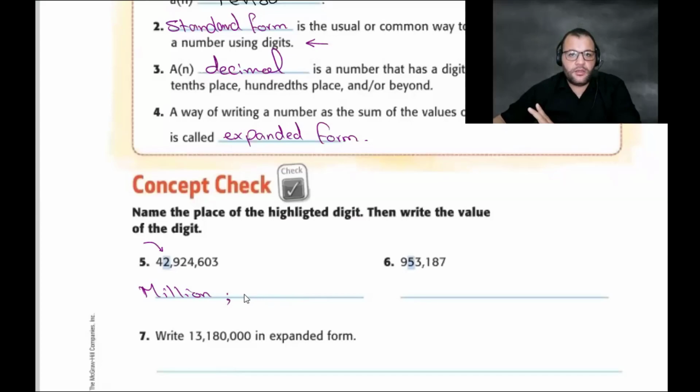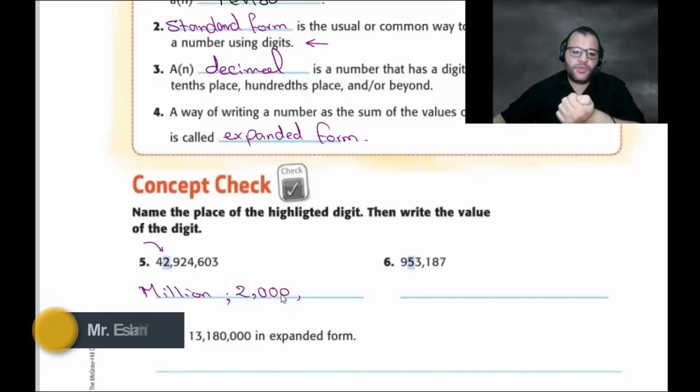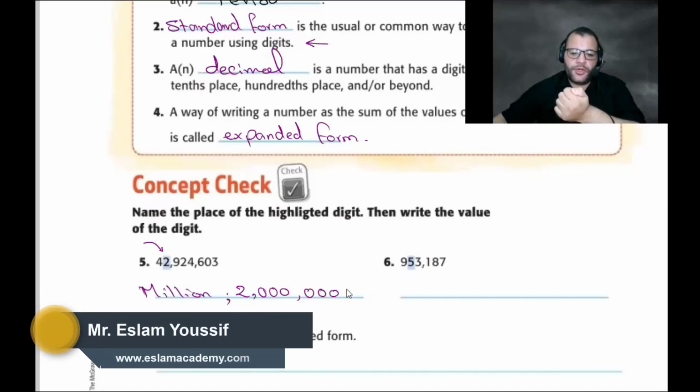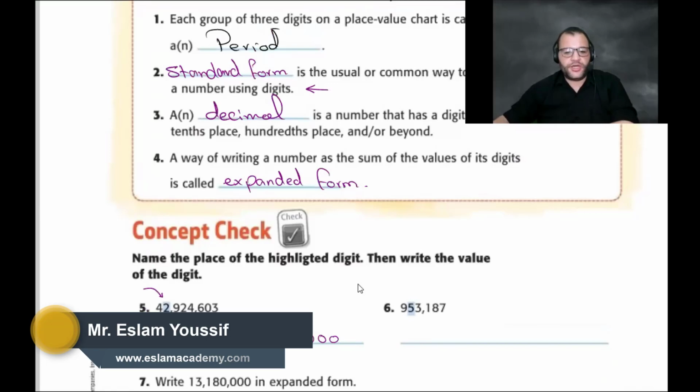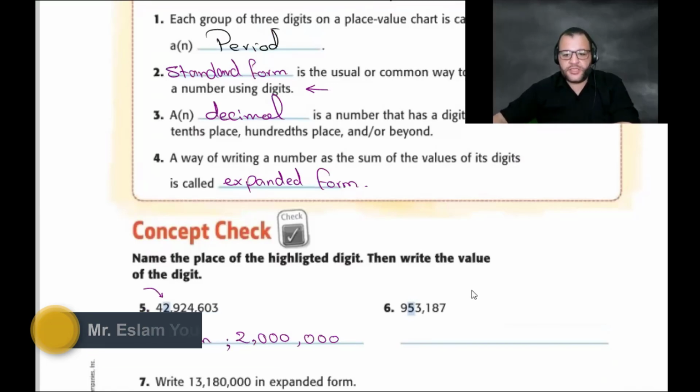In million. It will be 20 million. If that's in 10 million, it will be 20 million.